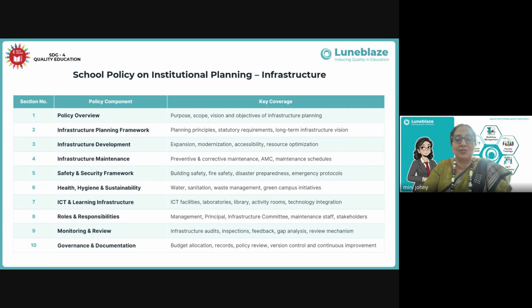It is a waste. It is all dead investment. Instead of that, whatever we have should be proper. And then we have to have a long-term infrastructure vision. With that, our planning should happen. Infrastructure development, expansion: classrooms are increasing, playground, we need more.